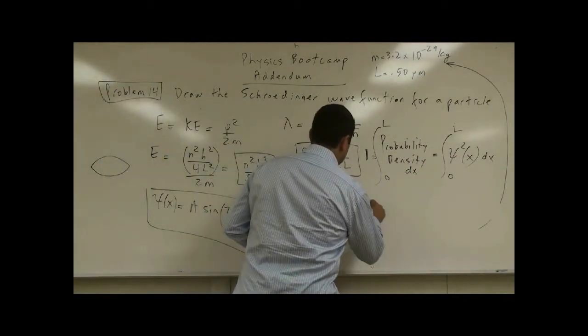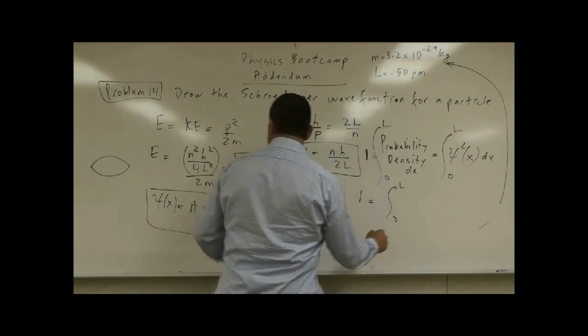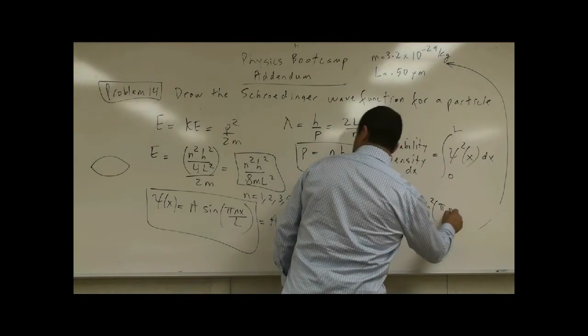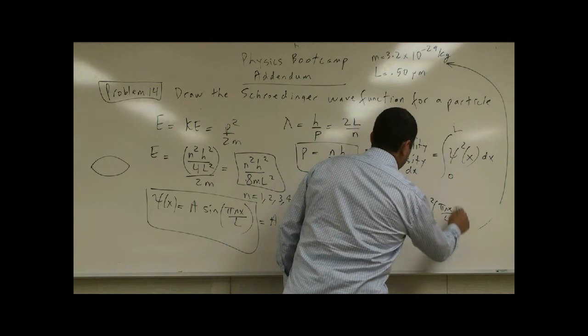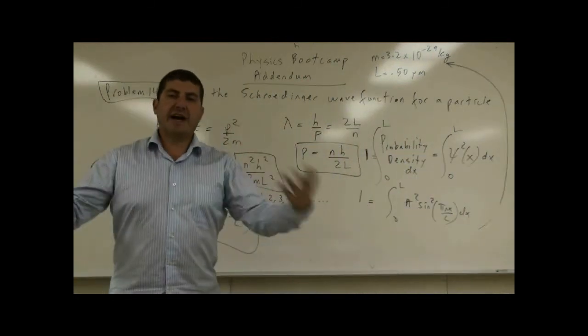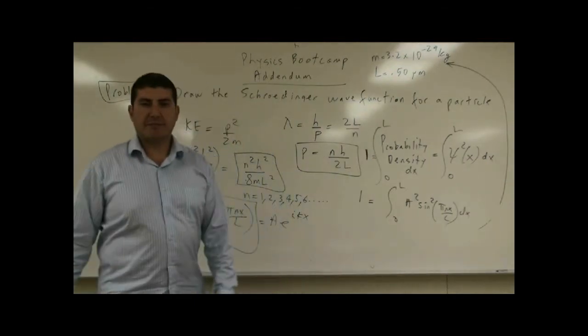So you say 1 is equal to the integral from 0 to L, and then you square this, A squared sine squared of pi x over L dx, and then you set it equal to 1, and then you get a value for the amplitude, okay? I'm not going to go through the math of that.